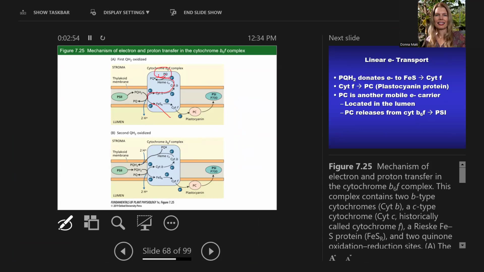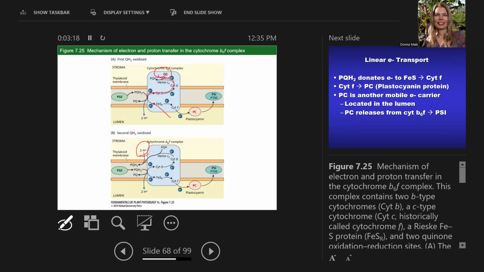And as they do that, they're going to grab 2 protons from the stroma. So in the Q cycle, you see a disappearance of protons from the stroma because they get reacted to PQ. And then the PQ coming from photosystem 2 is also dumping protons into the lumen. With each donation of electrons, the protons get dumped.